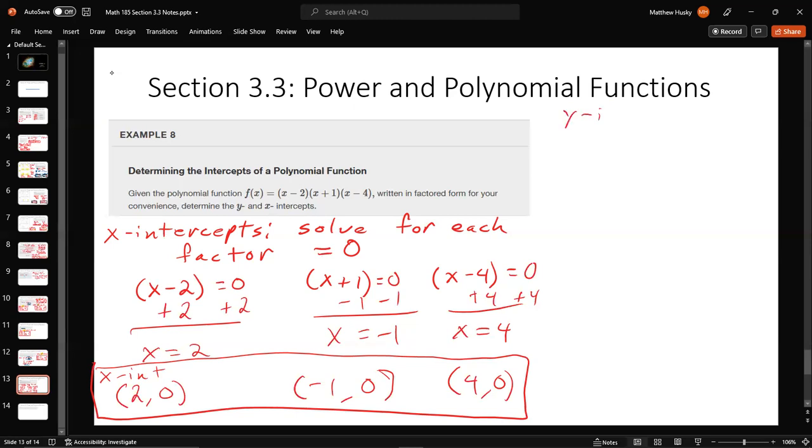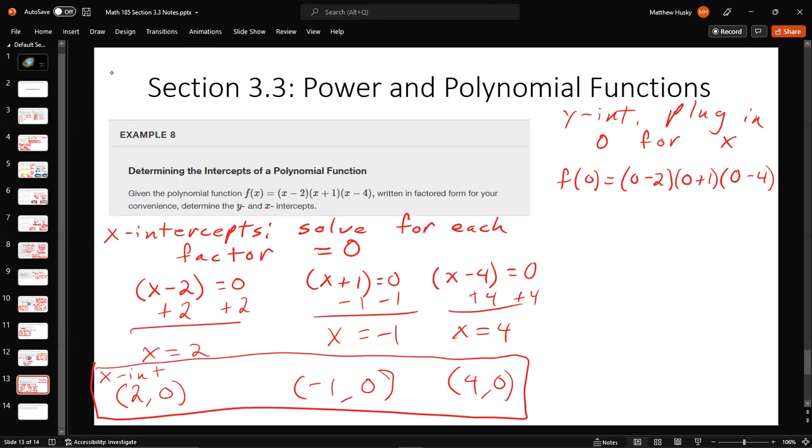For the y-intercept, you want to plug in 0 for x. So I'm going to take this formula and I'm going to do f of 0. And that's going to be 0 minus 2 times 0 plus 1 times 0 minus 4. So every x gets replaced by a 0.